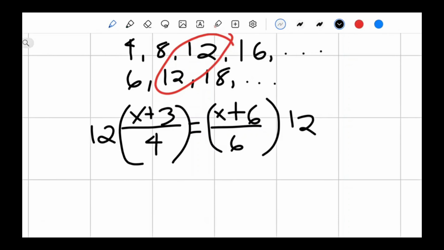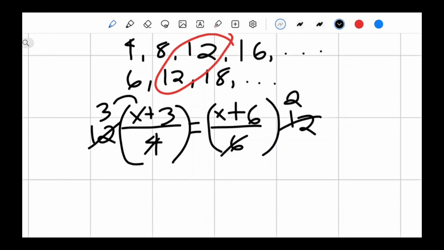So what will happen is we divide 12 by 4. So the answer is 3. So we cancel 4 and 12. So we got 3. Okay, then 12 times x plus 6 over 6. So we cancel this 12 and 6, or we divide 12 by 6, and the answer is 2. Okay, so now this new quotient, we will multiply it inside the parentheses.